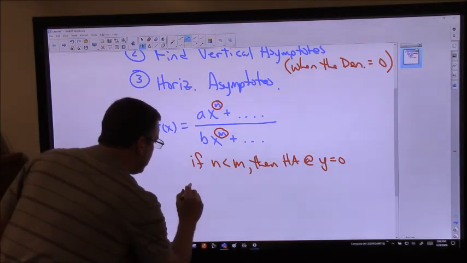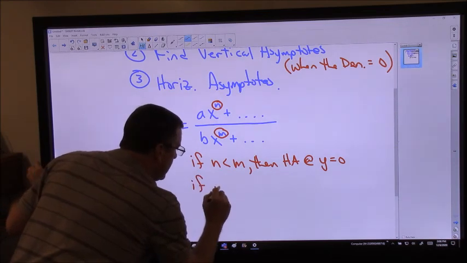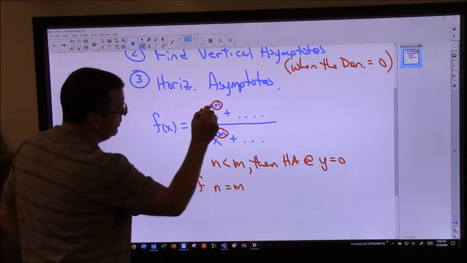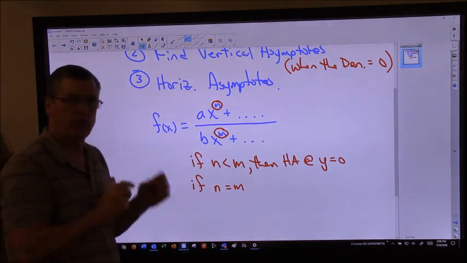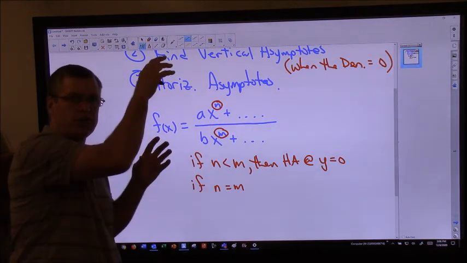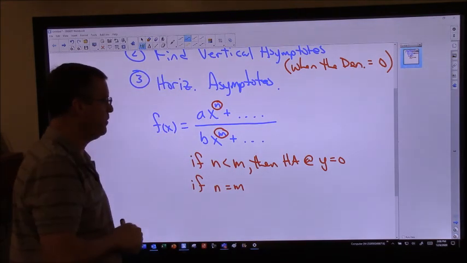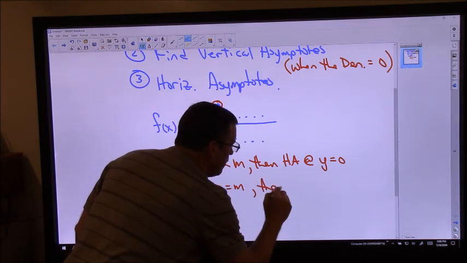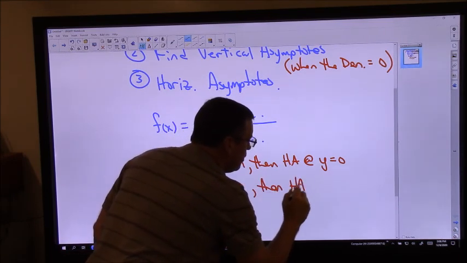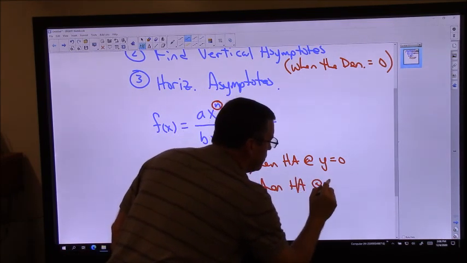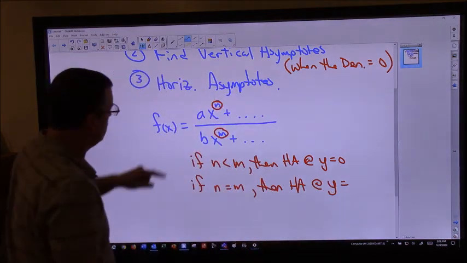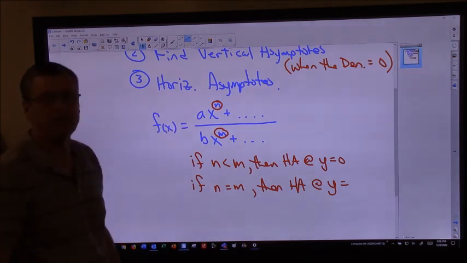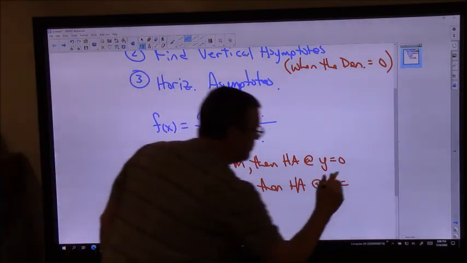Okay? If n is equal to m, so if this exponent is equal to this exponent. Now again, we're looking at the two highest ones. The highest one in the numerator, highest one in the denominator. If they're equal to each other, then there's a horizontal asymptote at y equals, we look at these leading coefficients, and whatever a divided by b is, that's where the asymptote is.